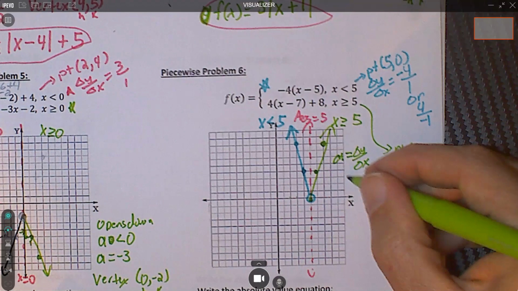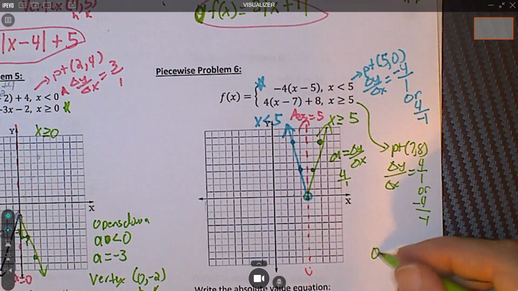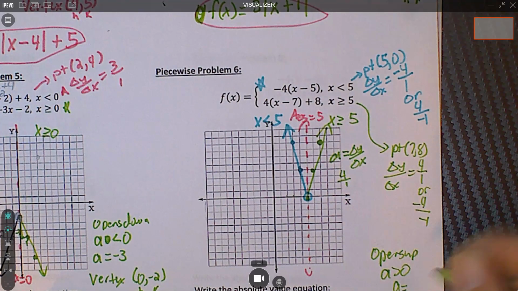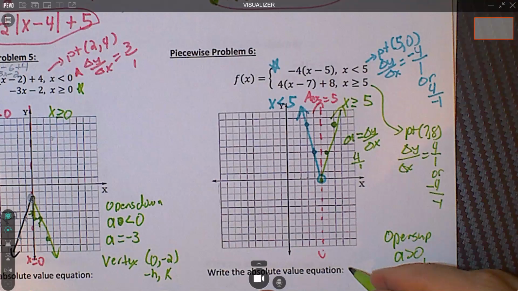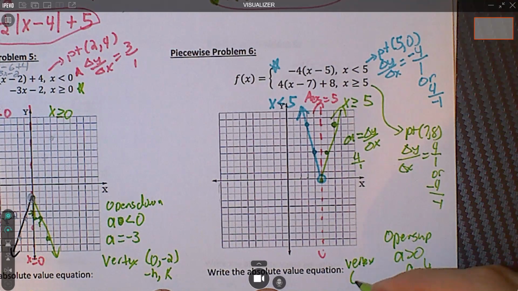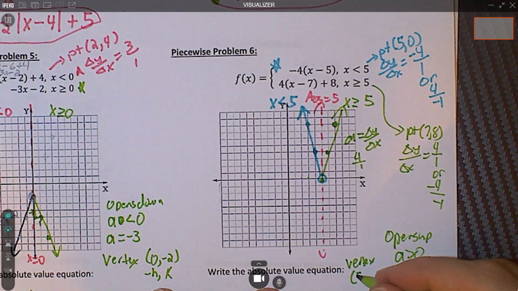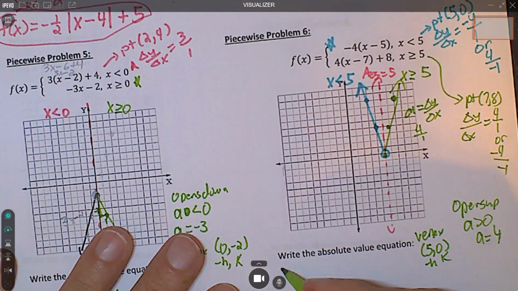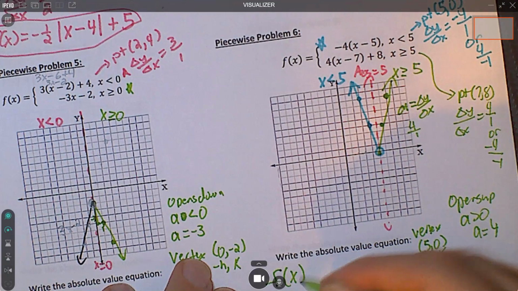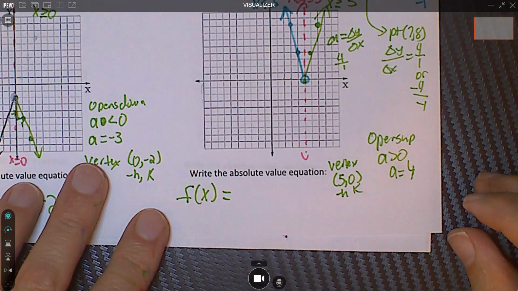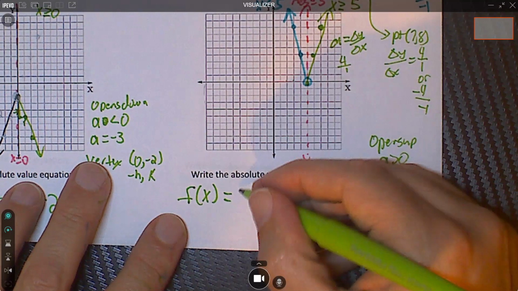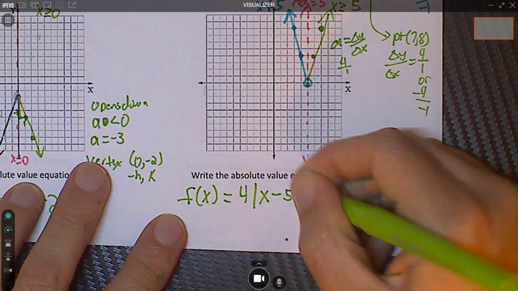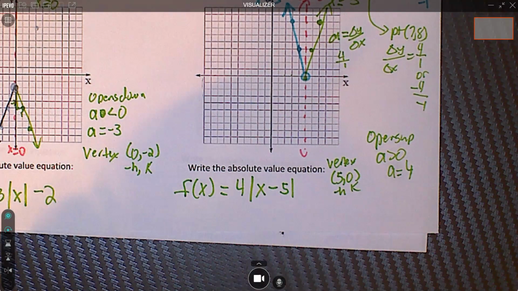So you go to the right, it opened up. Opposite of H. Done. Wow. Hour and 2 minutes.